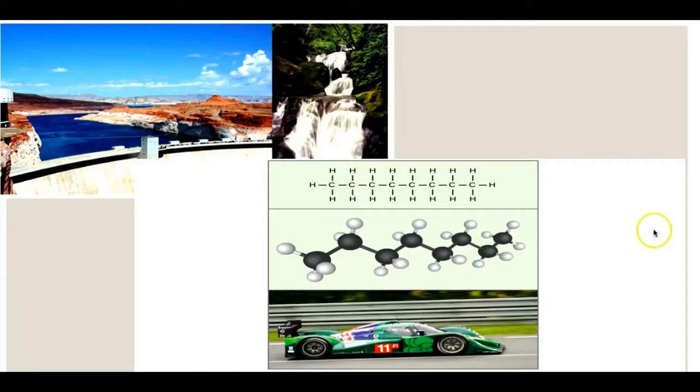Okay, if you can focus on the figure here, the molecules in gasoline, which is octane, contain chemical energy within the chemical bonds. This energy is transformed into kinetic energy that allows a car to race on a racetrack.